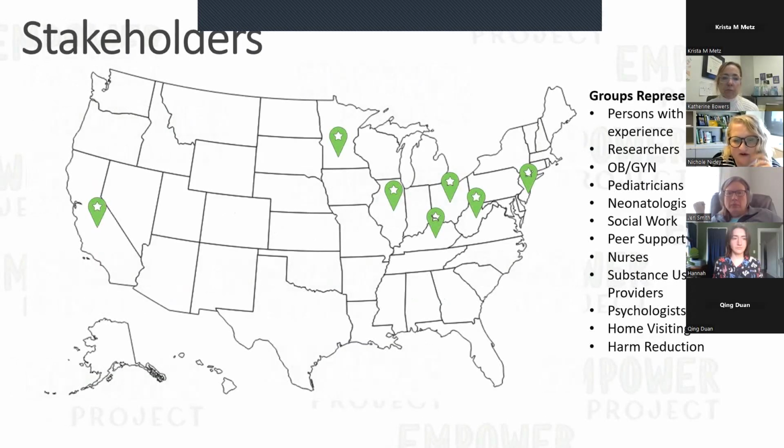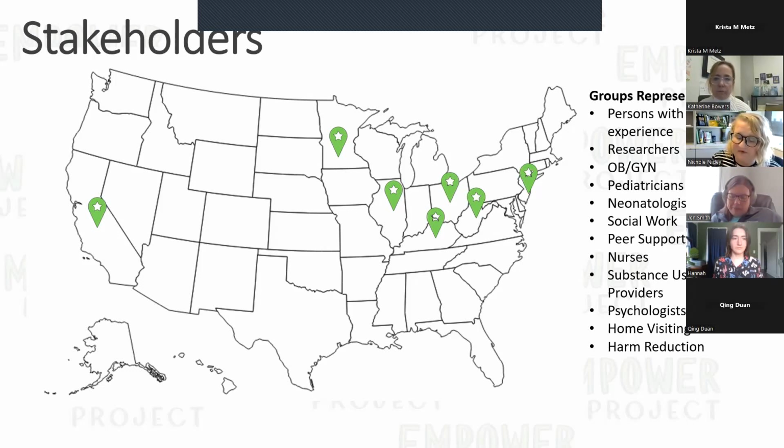So when we originally started Empower, it was with 6 stakeholders in the Cincinnati or tri-state region. Since our initial funding from the CCTST, we went on to get some federal funding as well as some more internal funding, as well as funding from the Ohio Mental Health and Addiction Services group. And so this allowed us to expand our collaborative out to 7 states, and we now have 30 stakeholders in our group.